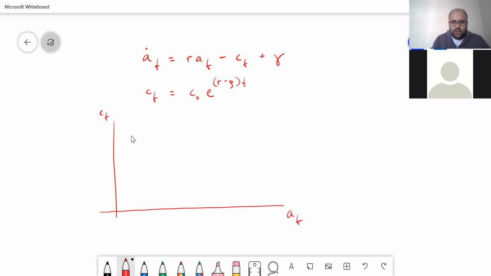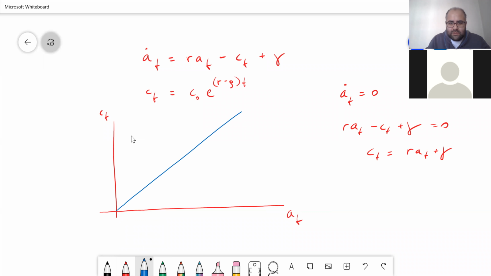Now, A dot T equals 0 is this, RAT minus CT plus gamma. In other words, CT equals RAT plus gamma. So it's a positive function of, so this is A dot T equals 0, right?